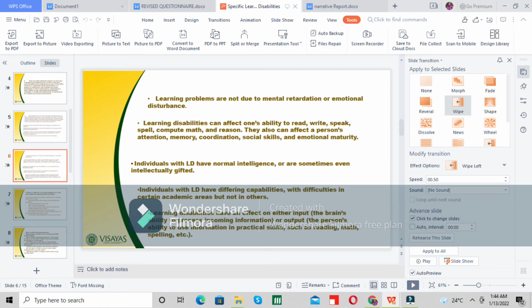Other individuals with learning disabilities have differing capabilities, with difficulties in certain academic areas but not in others. Yes. Then the learning disability has an effect on either input, the brain's ability to process incoming information, or output, the person's ability to use information in practical skills such as reading, math, and spelling.